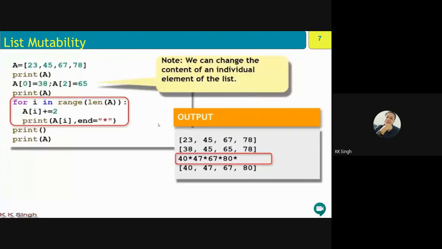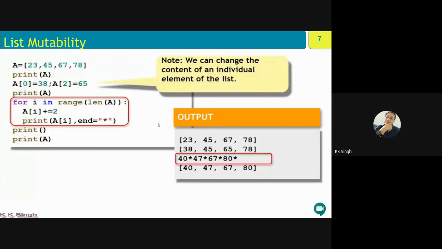So when I apply A[i] plus equal to 2, it means the previous value of index i will have the addition with 2. The previous value of A[0] is 38, so 38 plus 2, A[0] will be 40 now.